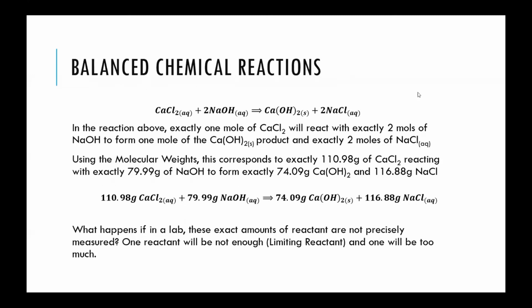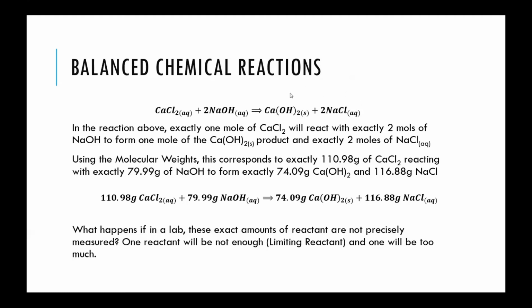So in a balanced chemical equation, something like this, you have, in this example, calcium chloride reacting with 2 sodium hydroxides as the reactants to give 1 calcium hydroxide solid and 2 sodium chlorides.